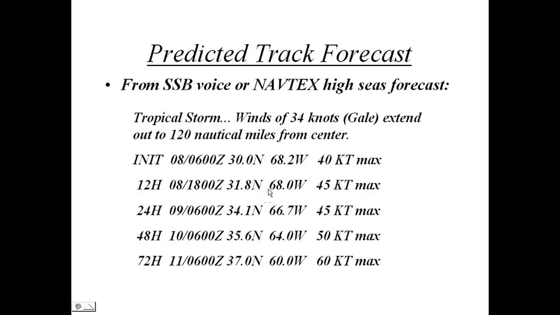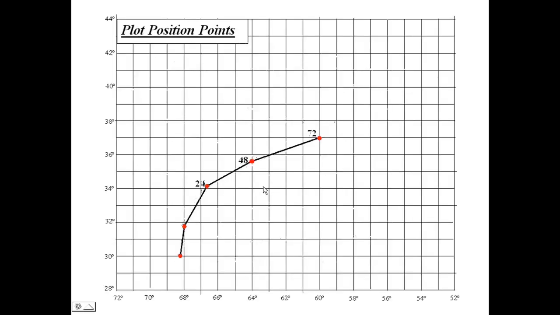But you take this information, and in order to apply the Mariner's 1, 2, 3 rule, which will develop a cone of avoidance for you to avoid, the first thing you do is plot the positions. So here I've plotted the initial position, 12 hours, 24 hours, 48, 72 hours. So this is where the storm is predicted to be in those time periods.